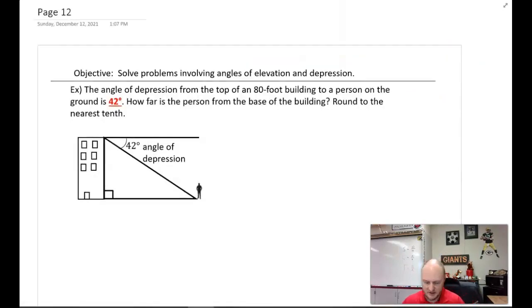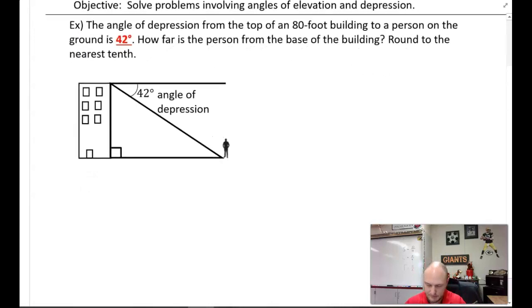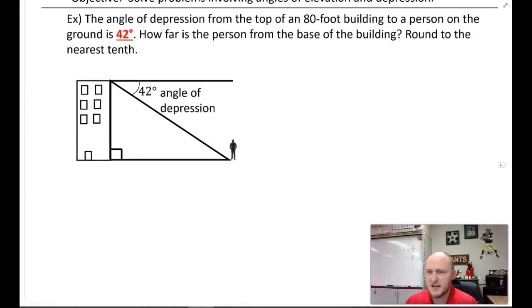Okay, here is our first example. They say the angle of depression from the top of an 80-foot building to a person on the ground is 42 degrees. How far is the person from the base of the building? Round to the nearest tenth. Okay. Angle of depression from the top of an 80-foot building.